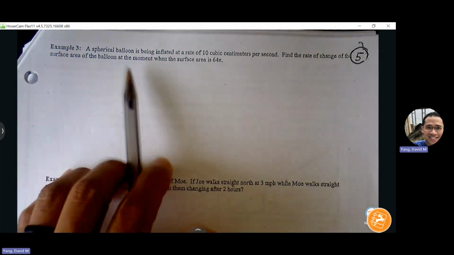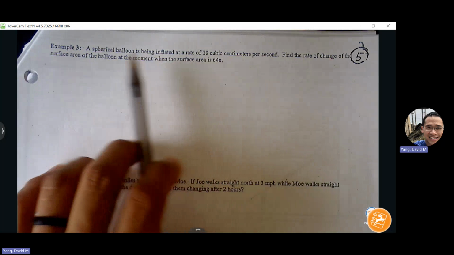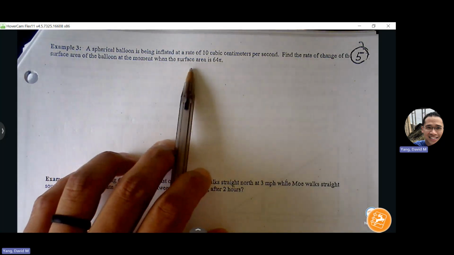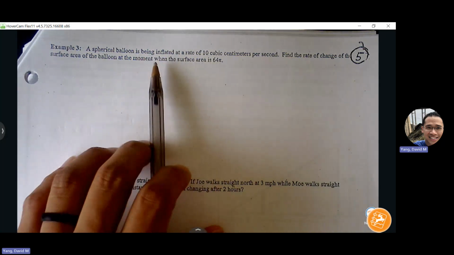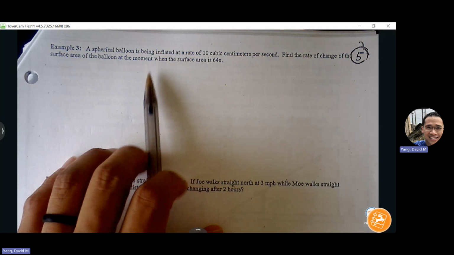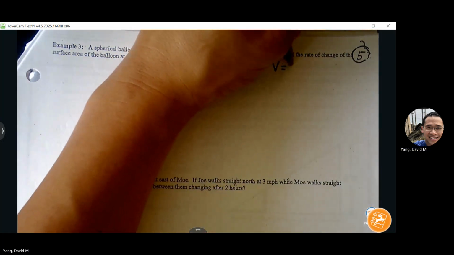Okay, next up, a spherical balloon is being inflated at a rate of 10 cubic centimeters per second. Find the rate of change of the surface area of the balloon at the moment when the surface area is 64 pi. Okay, we're dealing with the volume and surface area of a sphere, and these formulas will be provided for you.